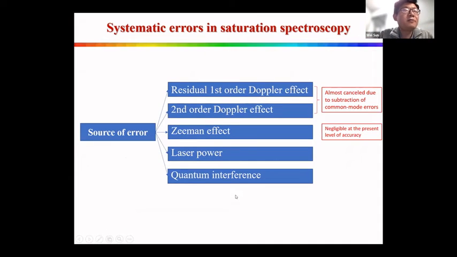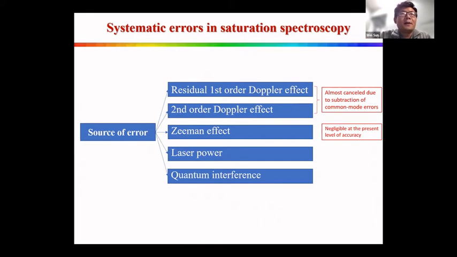So there are various systematic effects in our measurement, which I shall describe briefly and evaluate. First, the first and the second order Doppler effects due to the movement of the ions are important sources of error in the measurement of absolute transition frequency.